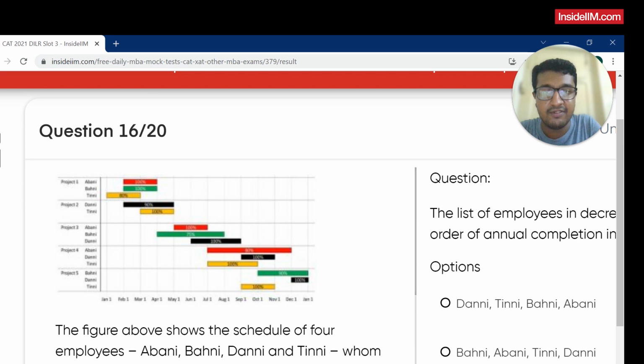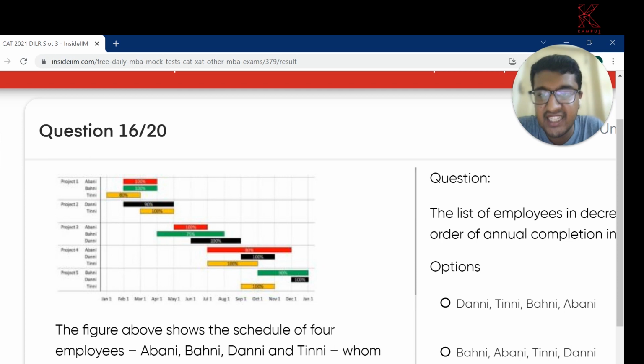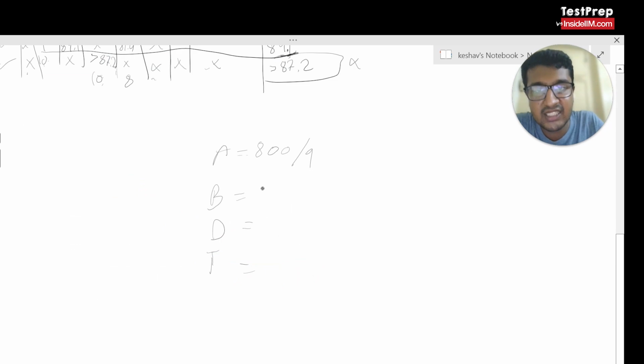For B, it's 2 times 100 plus 4 times 70, which is 480, plus 3 times 90, which is 270, plus 480 is 750, divided by total number of months, 9 again. So 750 by 9.